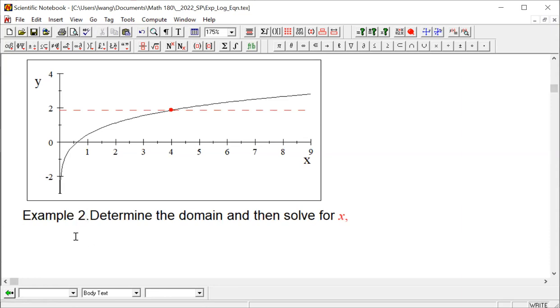This equation goes like this: we have log base 5 of x plus 1, minus log base 5 of x minus 1, equals 1.